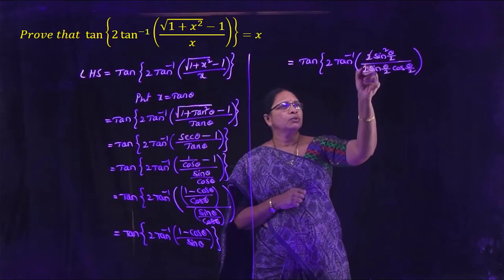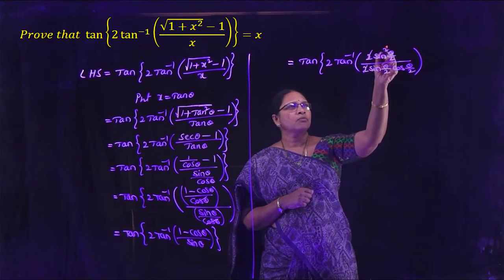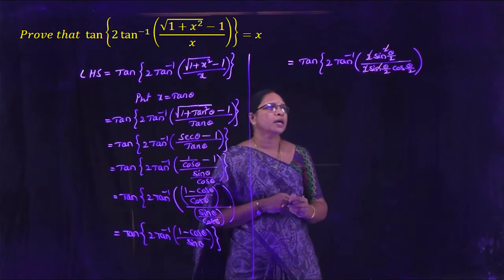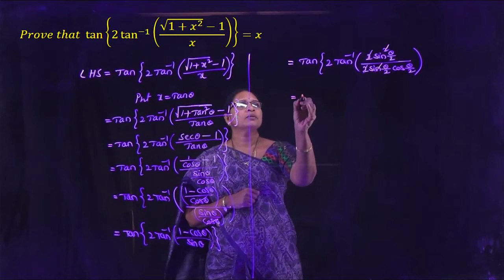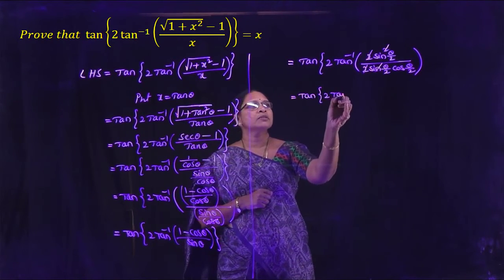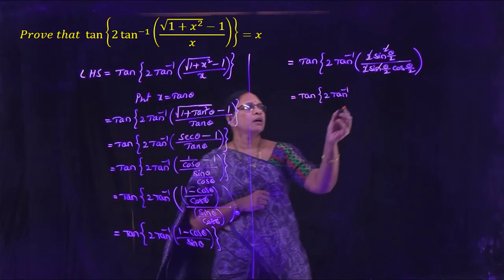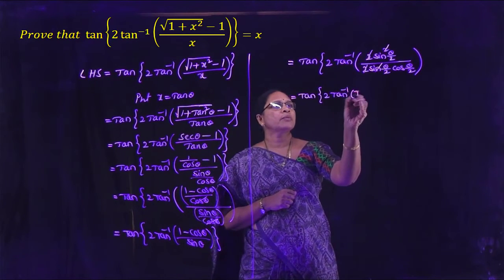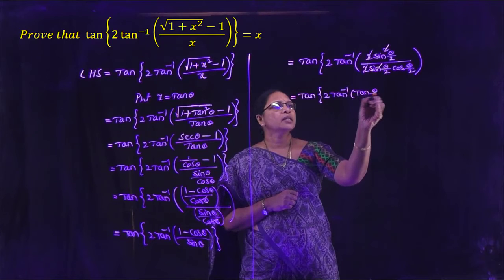Here 2 gets cancelled and 1 sin theta by 2 cancels. That is equal to tan of 2 tan inverse of sin theta by 2 by cos theta by 2, that is tan theta by 2.